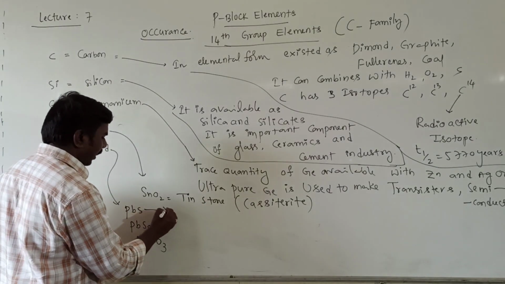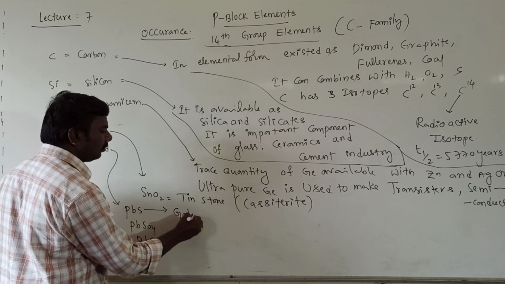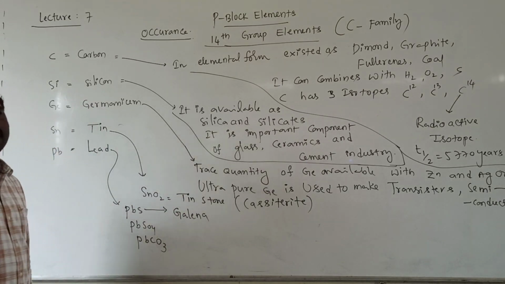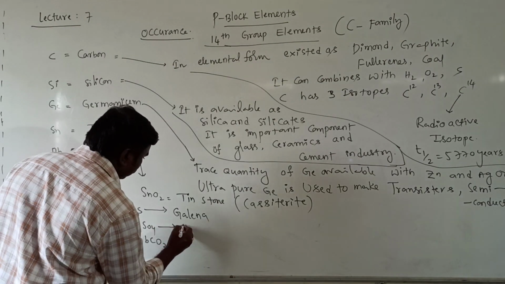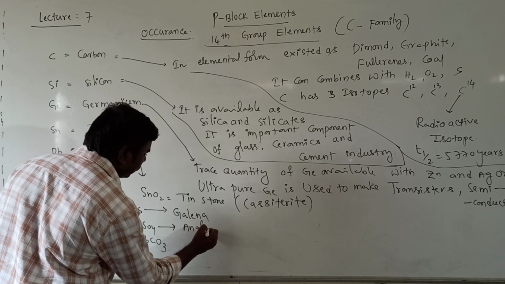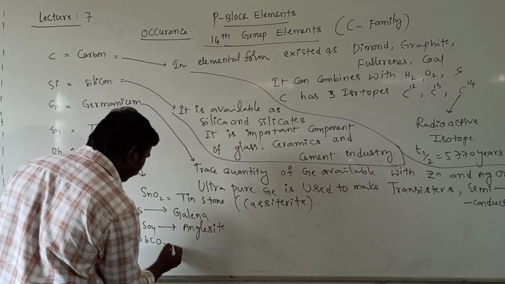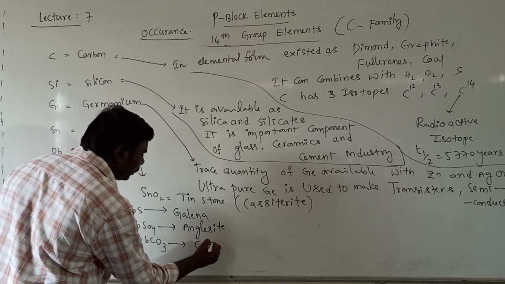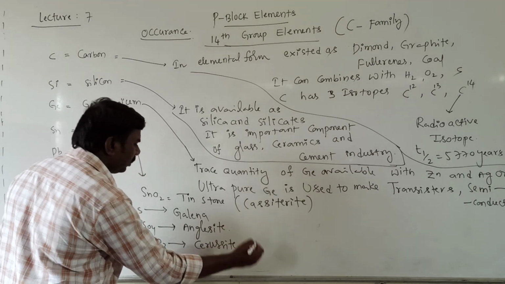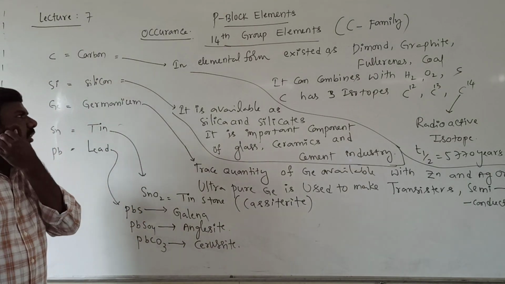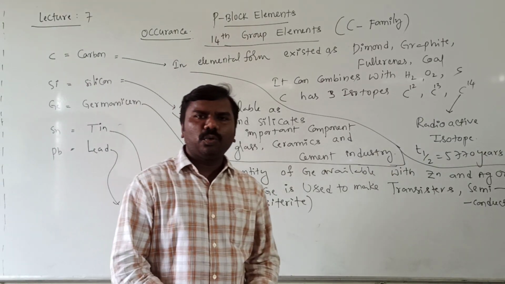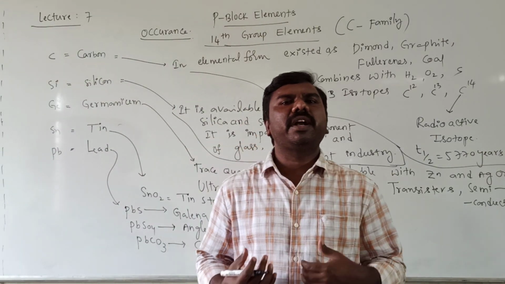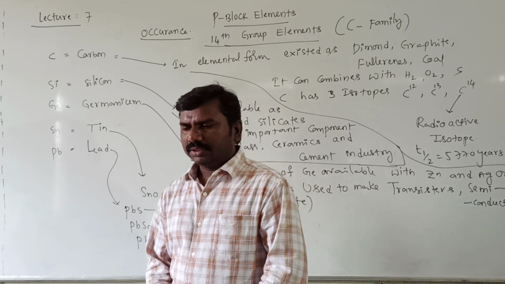Lead sulfide is called galena. Lead sulfate is called anglesite. And lead carbonate is called cerussite. So these are all occurrences of 14th group elements in different forms.